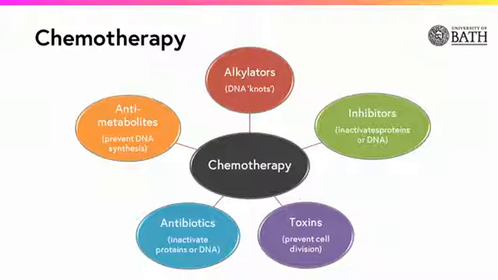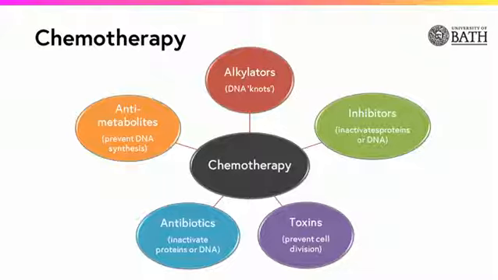The next category is antibiotics, which you may be familiar with in terms of bacterial infections. But some antibiotics can also be used in tumor treatment. The way they work is that they inactivate proteins or DNA inside the cell. They prevent the activity of certain enzymes, for example, topoisomerases, that are needed for replication of DNA.